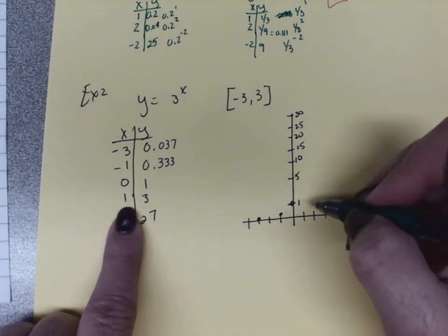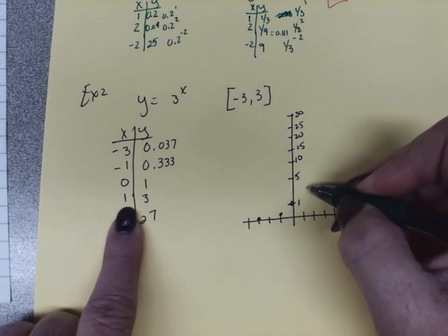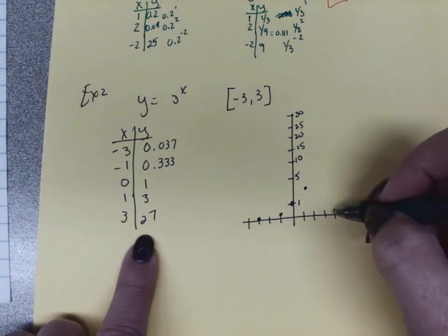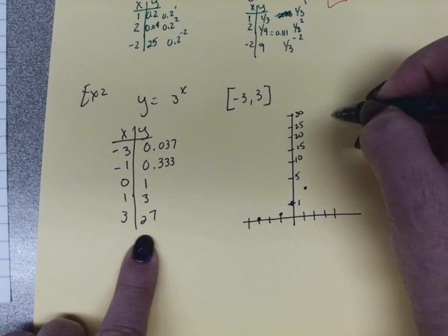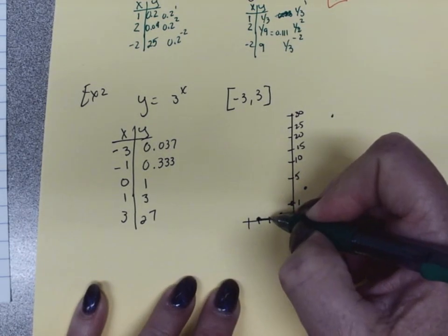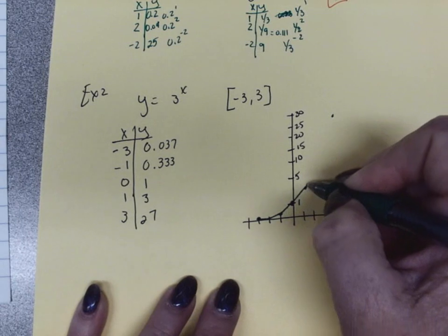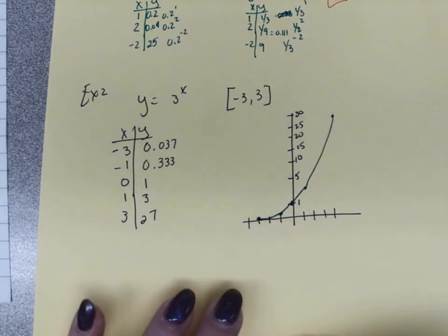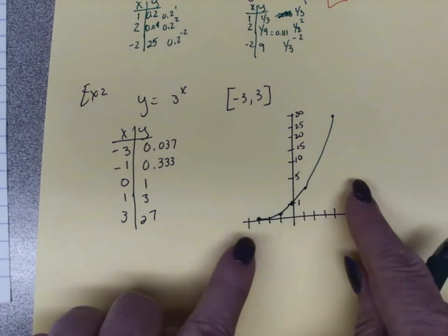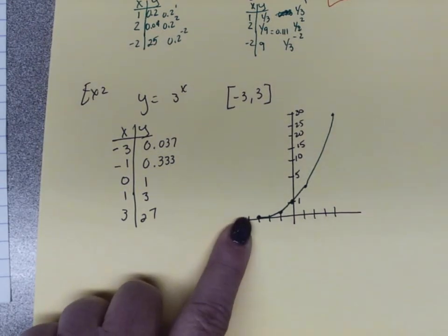And then at 1, we're going to be at about 3, about right there. And at 3, we're going to be up here to 27. Now this is not a great graph because I have jumped once I got going. Now notice I stop at both points. I'm not drawing arrows because it's on the interval of negative 3 to 3.